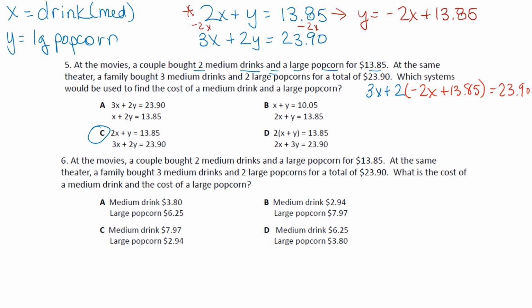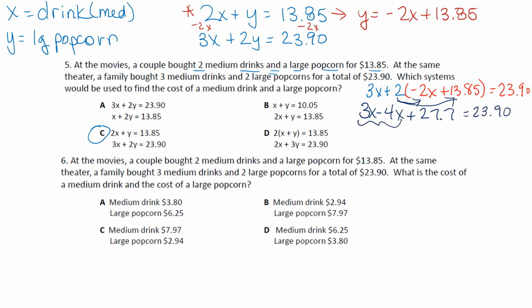You do have to do your distributive property. So we're going to keep our 3x, distribute, so that'll be a negative 4x and plus 27.7 equals 23.90.